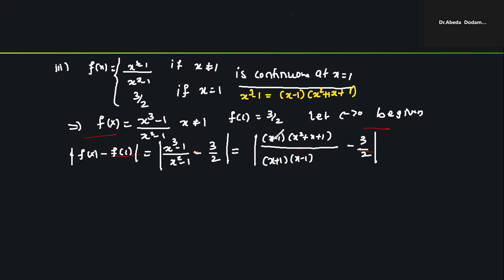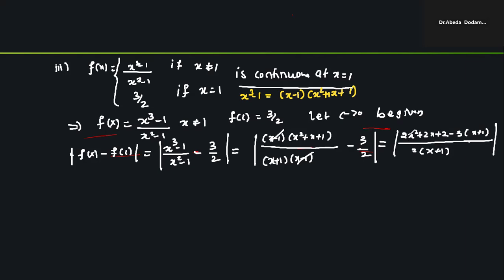So here we can cancel this x minus 1 and x minus 1. If you want, you can just use the LCM here. You can rewrite this as 2 times this one and 3 times this one divided by 2 times this one, which we will get as (2x square plus 2x plus 2 minus 3 into (x plus 1)) divided by 2 into (x plus 1).